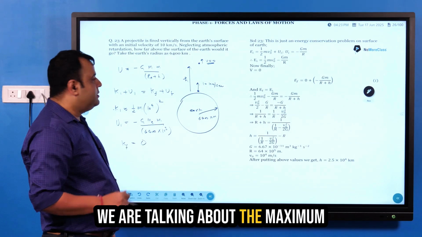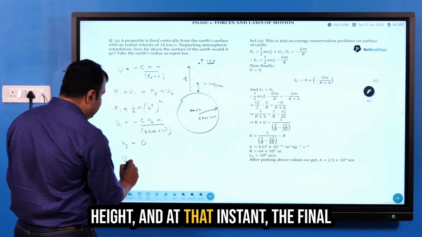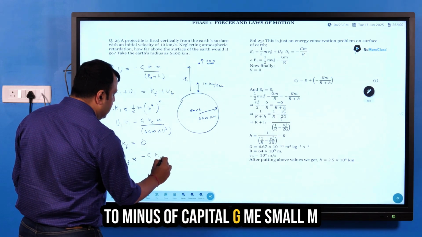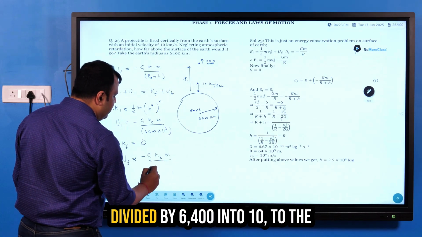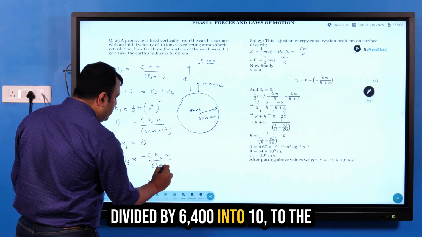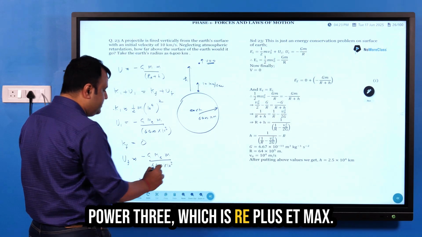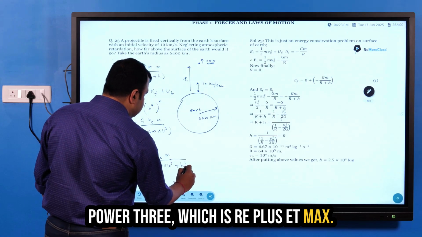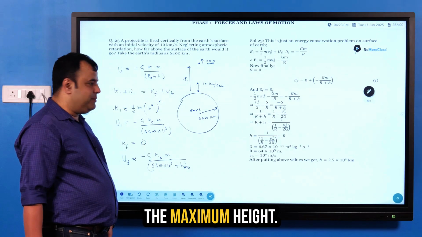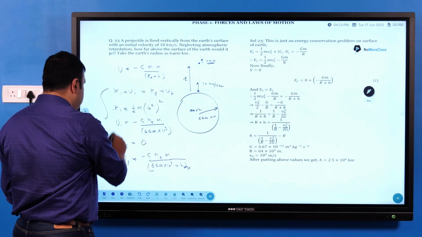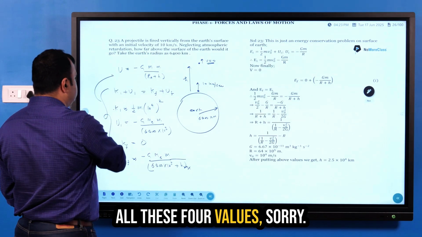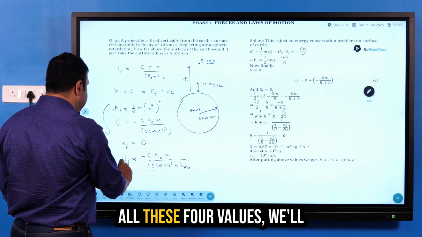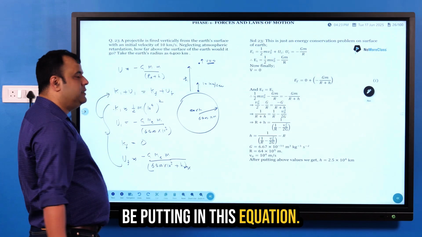At that instant, the final potential energy will be equal to minus of capital G, ME, small m divided by 6,400 into 10 to the power 3 plus H max, which is RE plus H max. We are talking about the maximum height. All these four values will be put in this equation.